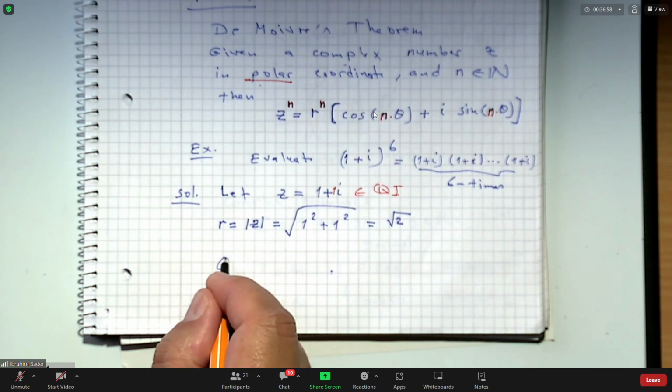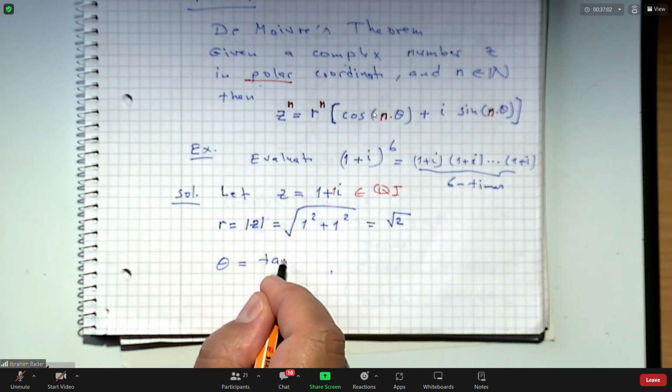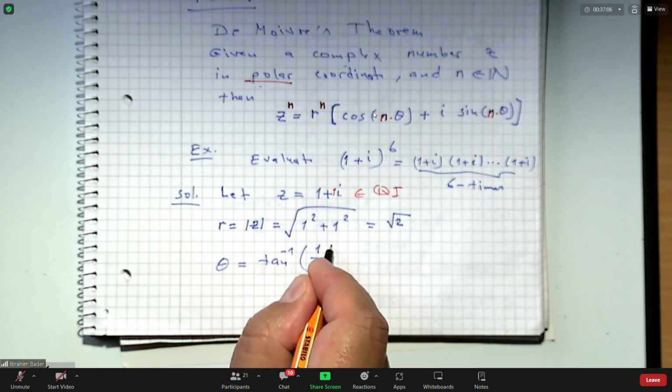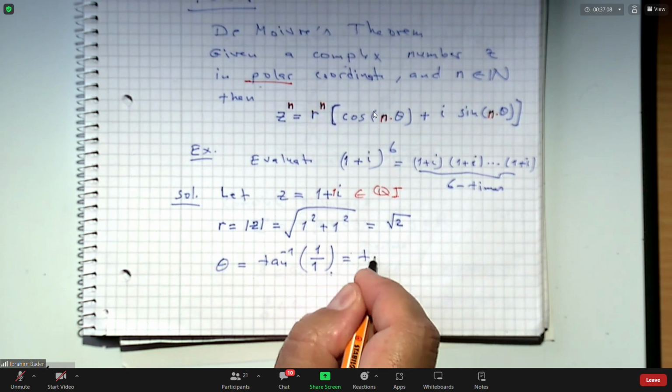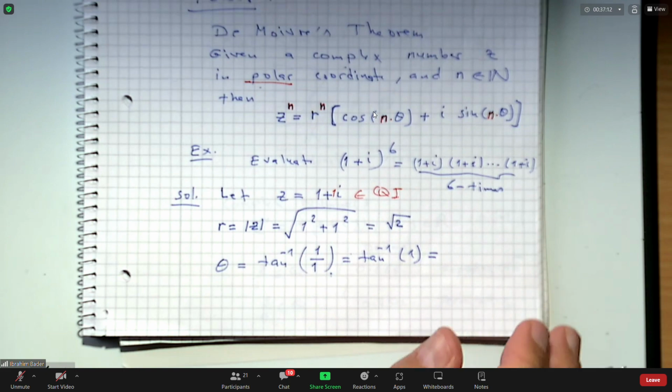Now theta is equal to tangent inverse of y over x. Y is 1, x is 1, so it's tangent inverse of 1. Who's going to tell me what this angle is?